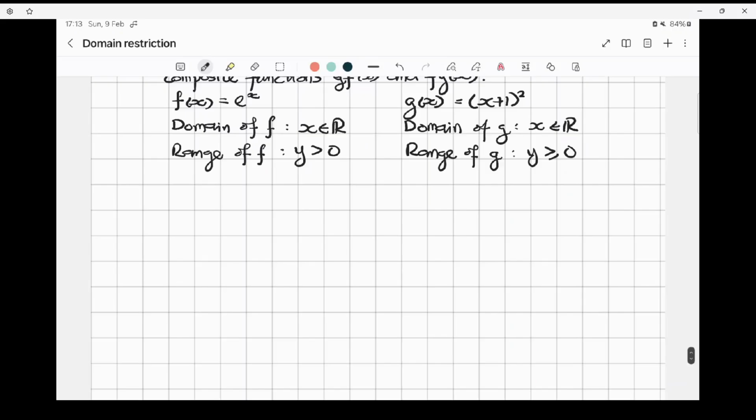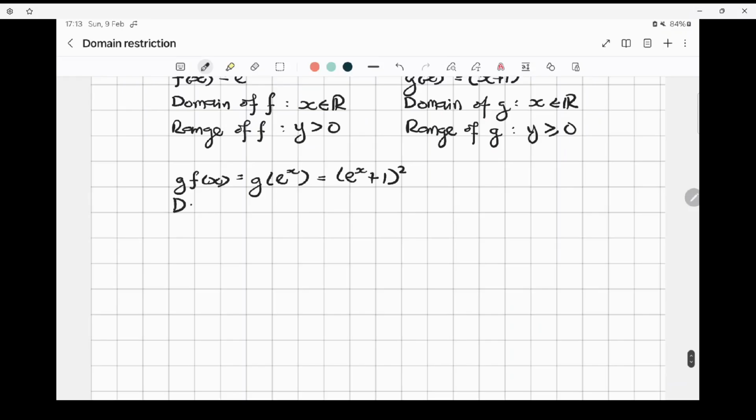So now let's look at the first composite function, which is g of f. If you do this, you can write something like this to get e to the power of x plus 1 squared. So now let's look at the domain of this particular composite function.